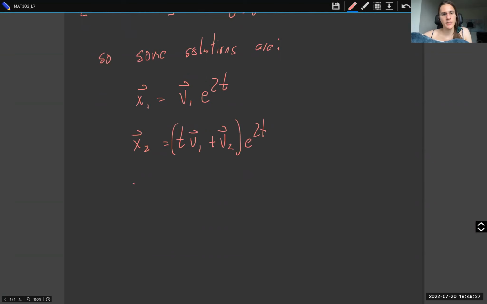Then x3, so now we remember that since it's t squared, we have to divide by 2 factorial.